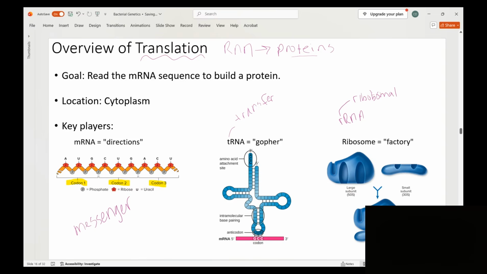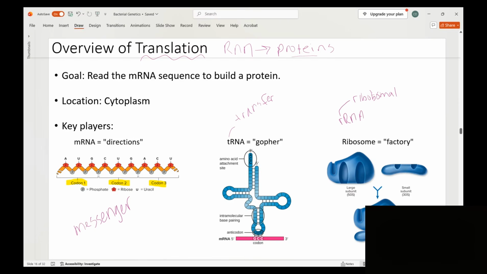And then I'm going to provide you with a codon wheel, which you'll see in the next slide, that translates it. It says, okay, if you have these three RNA nucleotides, you need this amino acid to build your protein. It's really pretty snazzy, y'all. So here's how I remember this. The mRNA is the messenger RNA. It's made up of codons.